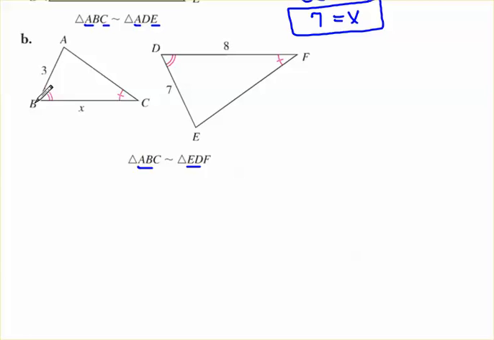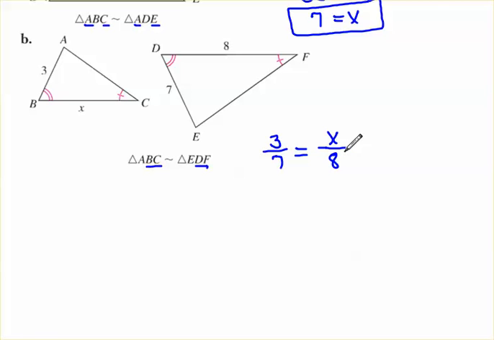So AB proportional to ED, that would be in the ratio of 3 to 7. That would equal, along this side, BC would have to be proportional to DF. So that would be BC, which is x, in proportion to DF, which is 8, and now we have a proportionality that we can solve.